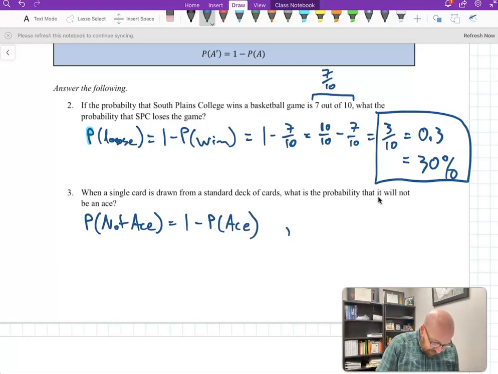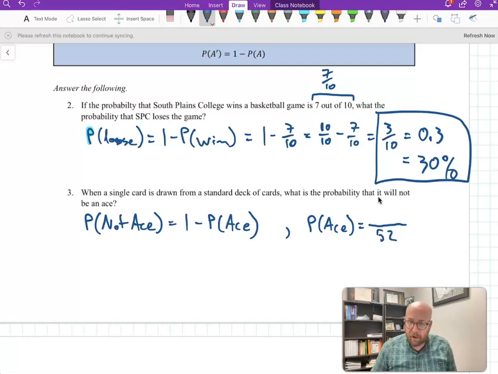Now, to answer this question, we might need to come back and think about what is the probability that that card is an ace. Well, there are 52 cards in a standard deck of cards. 4 of those 52 cards are going to be aces.